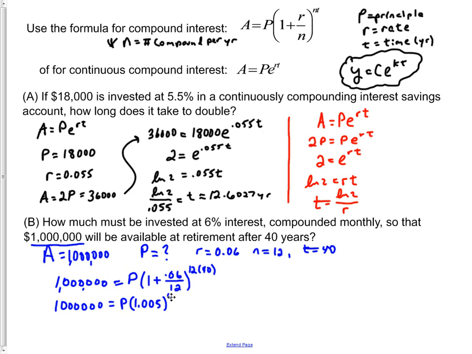That's 480, right? So if we're going to solve for our principal, it's just simply going to be that $1 million divided by 1.005 to the 480th power.